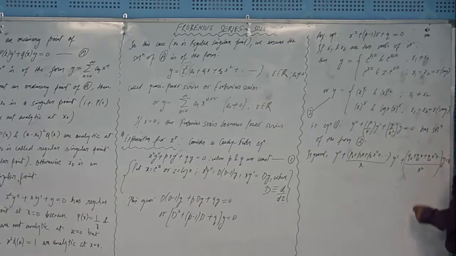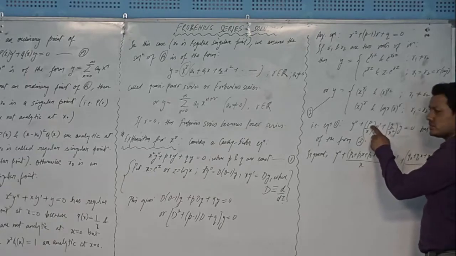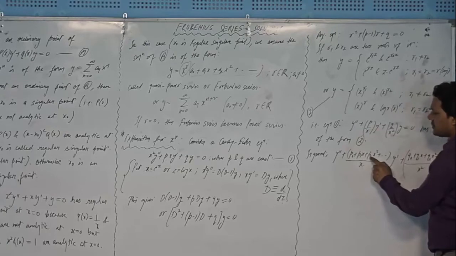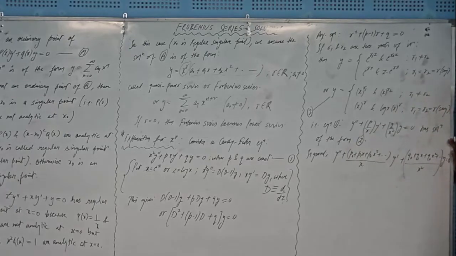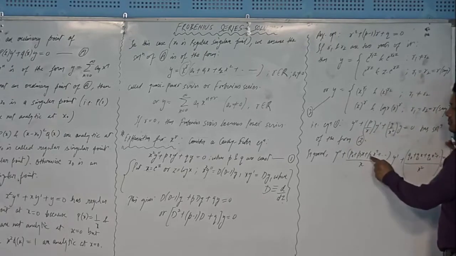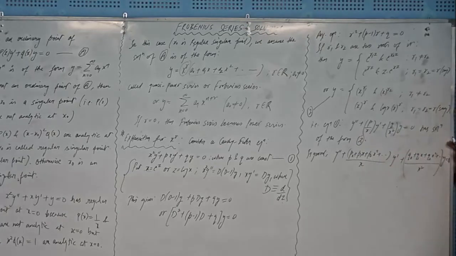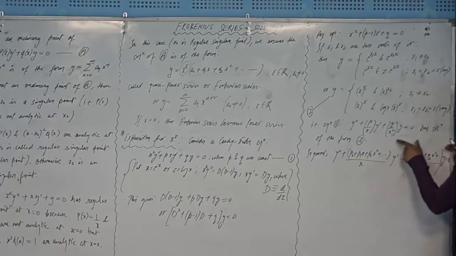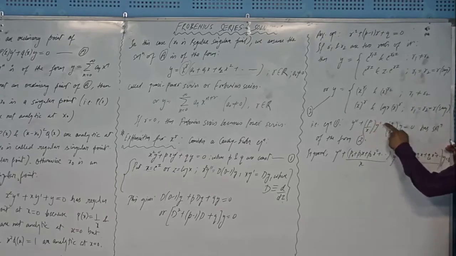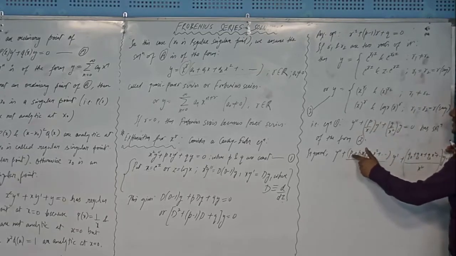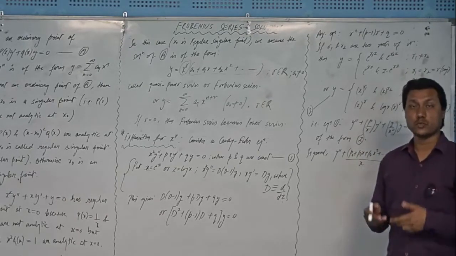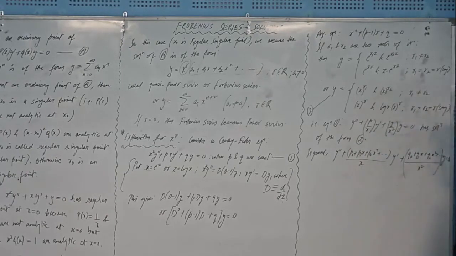And one more thing, p may be a constant. Then all of these p1, p2, p3 and so on will be 0, right? If p is a linear polynomial, then p2, p3 and so on will be 0, right? So this is a more general equation. In this case, p and q are constants, but in this case, p and q are more general in nature. They can be constant, linear function, quadratic polynomial, anything, right?